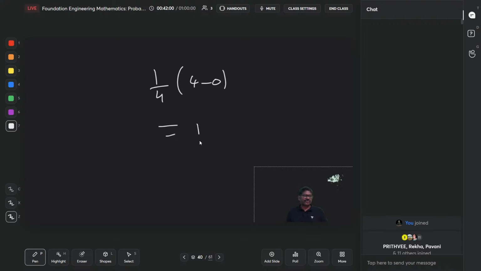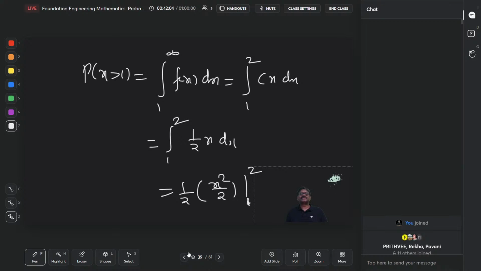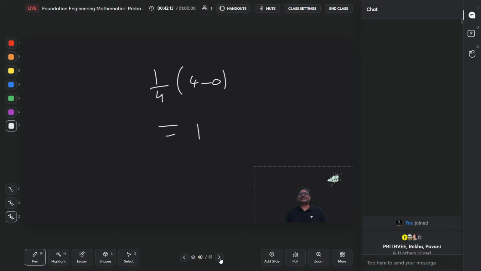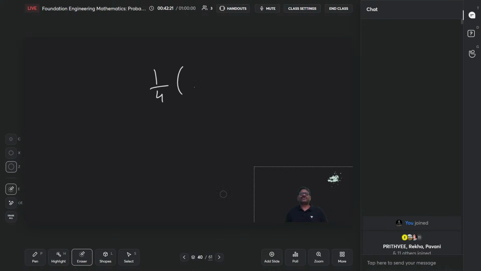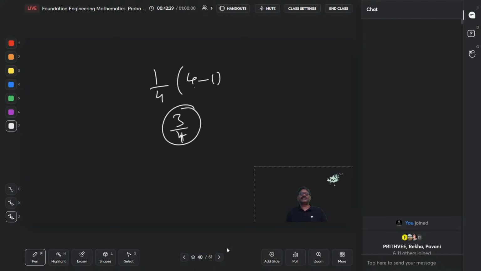That is 4 by 4, that is 1. 1 by 2 is the value of c. So x square by 2, 1 by 4, 2 minus 1. 1 by 4, 2 square is 4 minus 1. That is 3 by 4, which is the required probability.